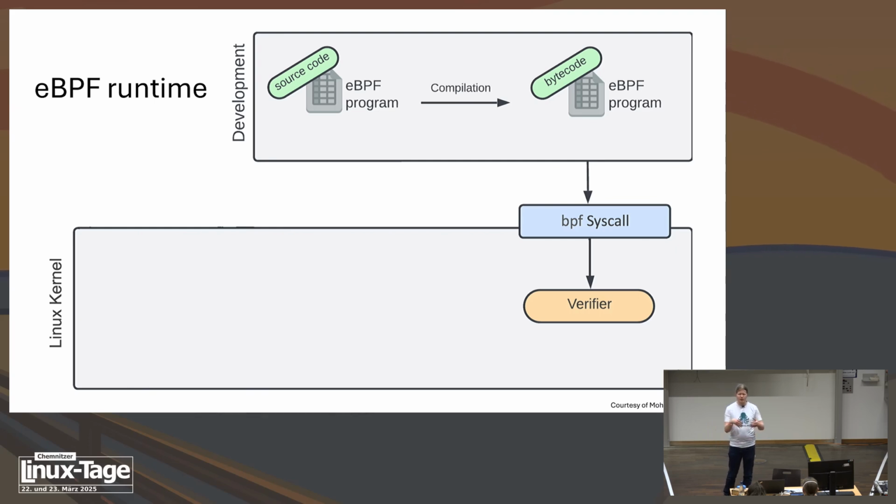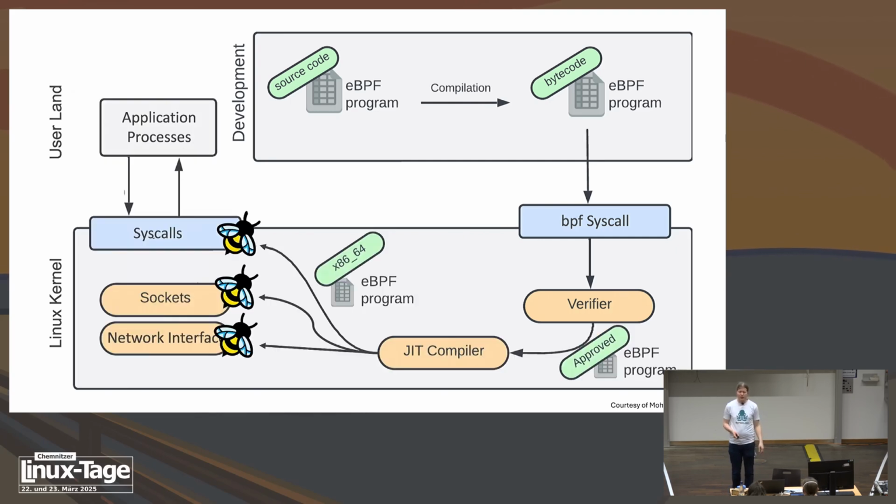The idea is that we check that it doesn't have, for example, infinite loops and such, so we have some guardrails, and then we put it into a JIT compiler because we want to run it fast, and we can attach it. We can use this to implement, for example, a load balancer. That was one of the major things that people did. For example, at Facebook, their load balancer has run for years now on eBPF, and you can do this with other tools too for security things and such.